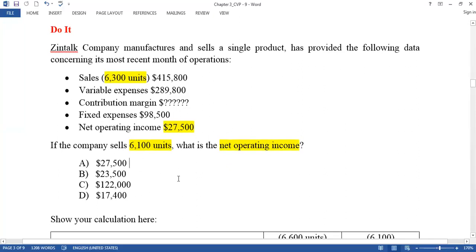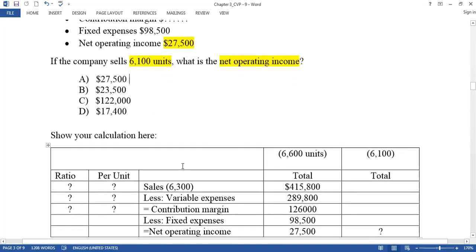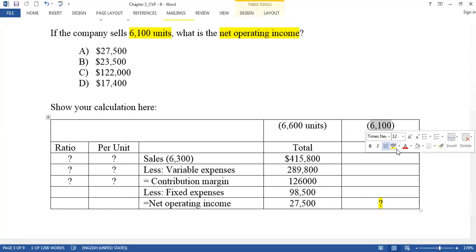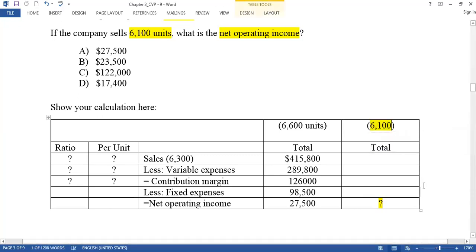To answer this question, our question says: what is the profit if we sell 6,100 units? To do so, we need this column.